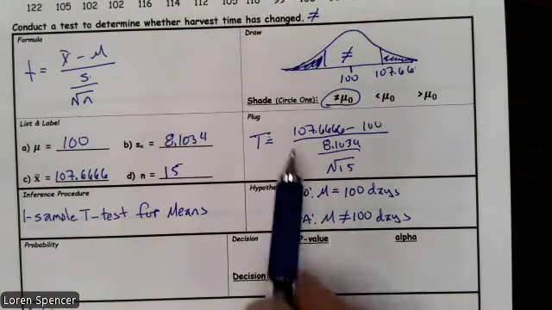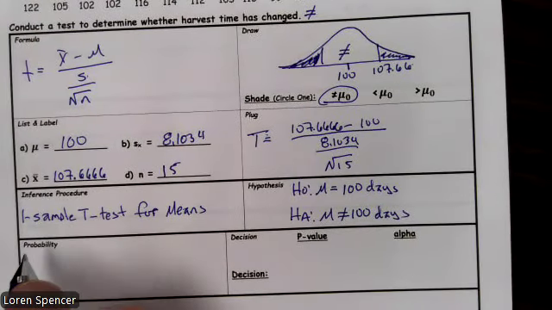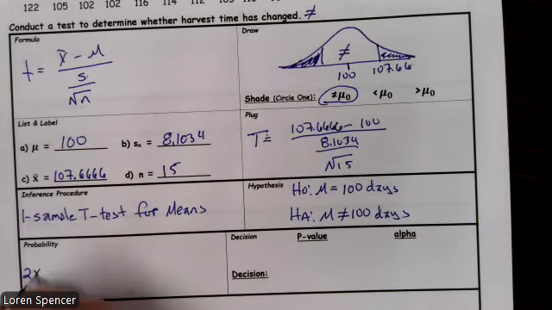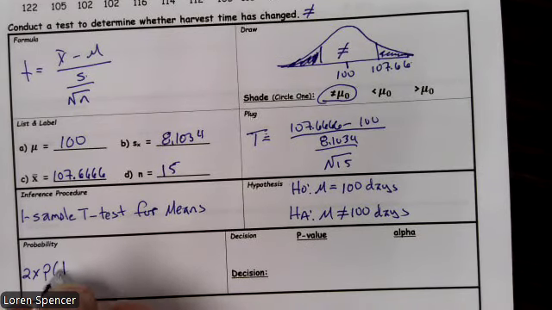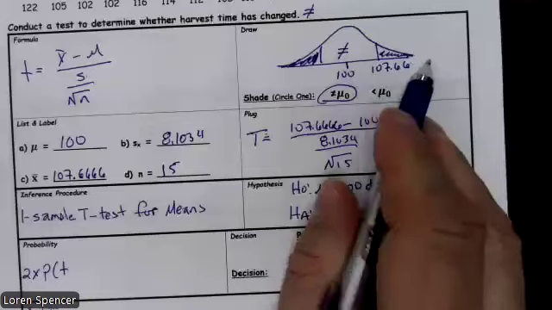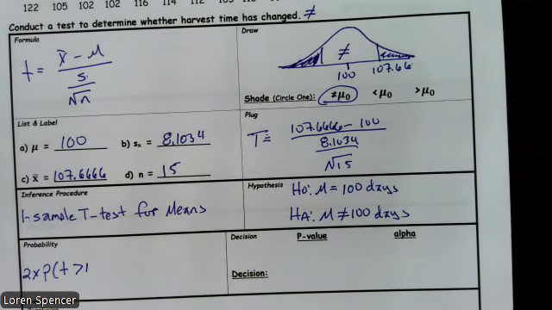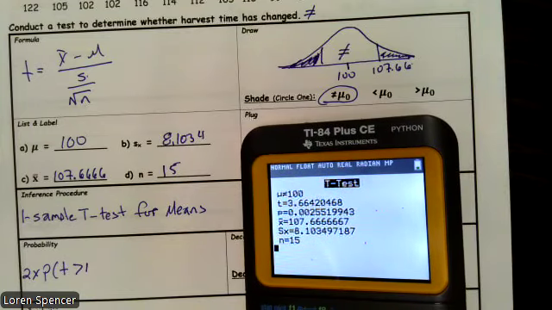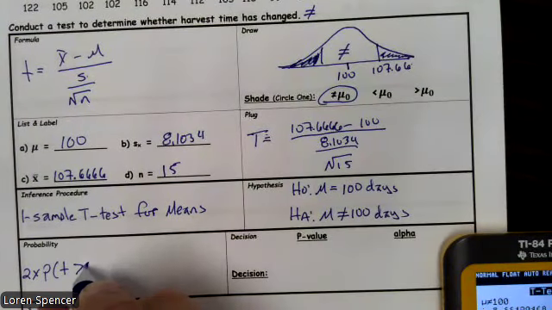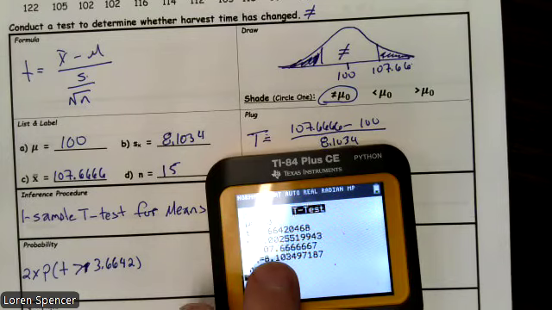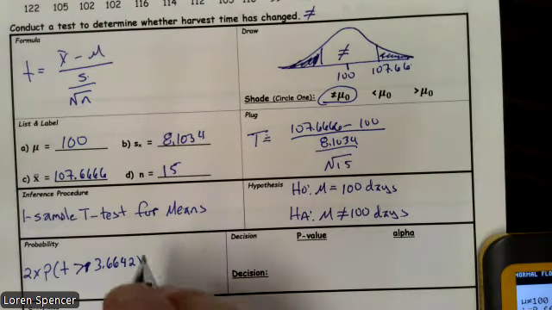Anytime you're working with a not equal to, you have to do two times the probability that t, and in this case we're shading up, is greater than 3.6642, which equals a p-value of 0.0025.